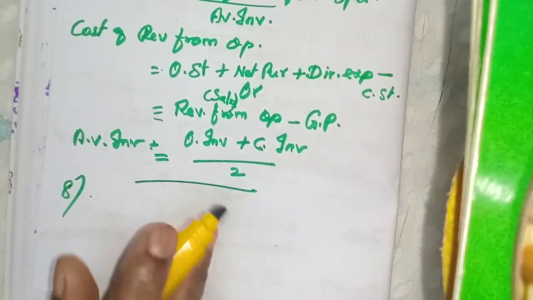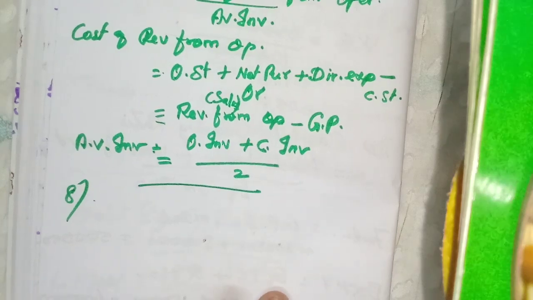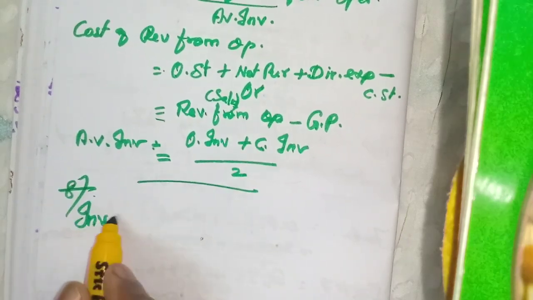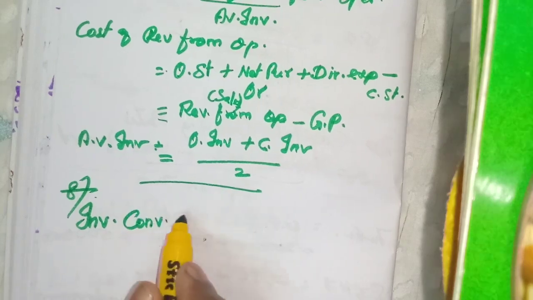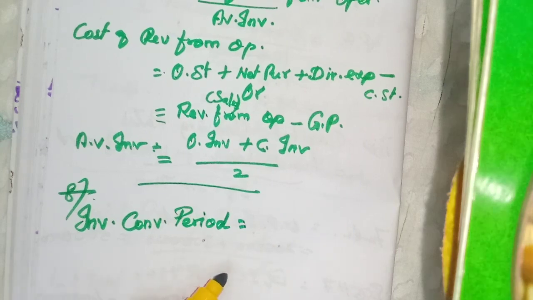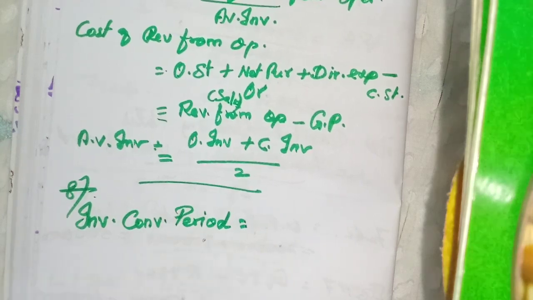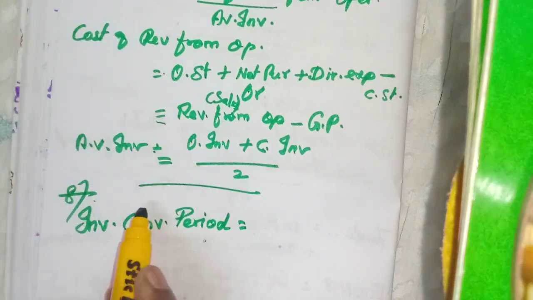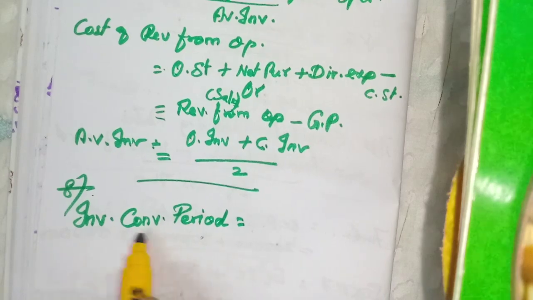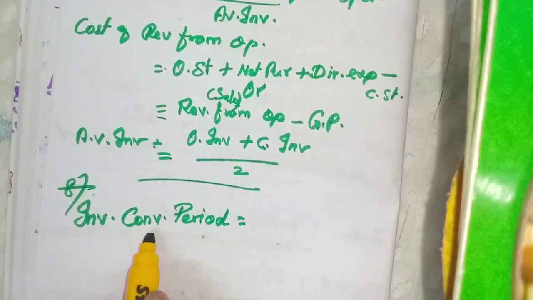Here, from the given information, calculate the inventory turnover ratio and inventory conversion period. That also we will learn. Okay, inventory conversion period. After calculating this inventory turnover ratio, we have to calculate that inventory conversion period. What is the meaning of this one?